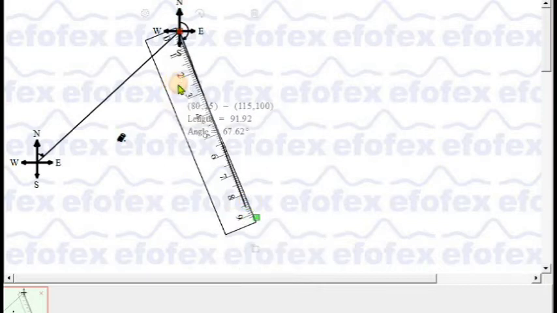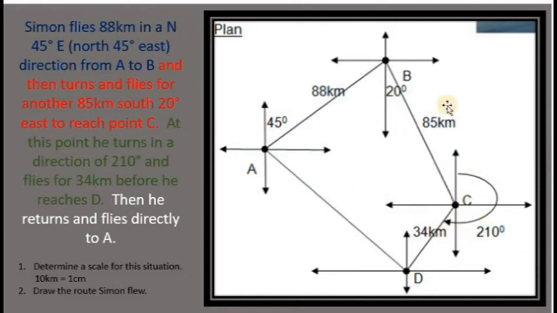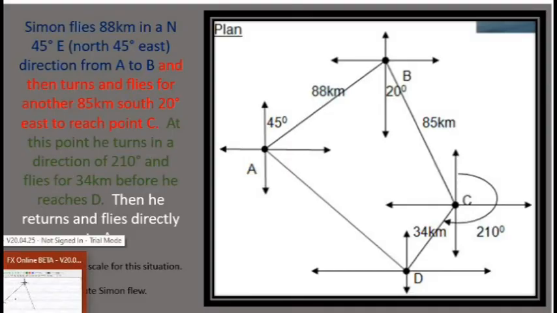So let's see here, it's going to be 8,5 centimeters. If this is not 100% on scale, then you would understand. Okay, so here will be our C. Do you see that? The 20 degrees and the 8,5 centimeters.